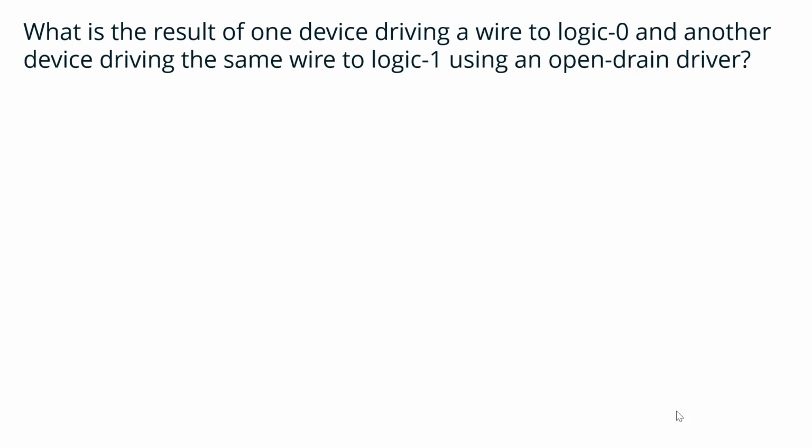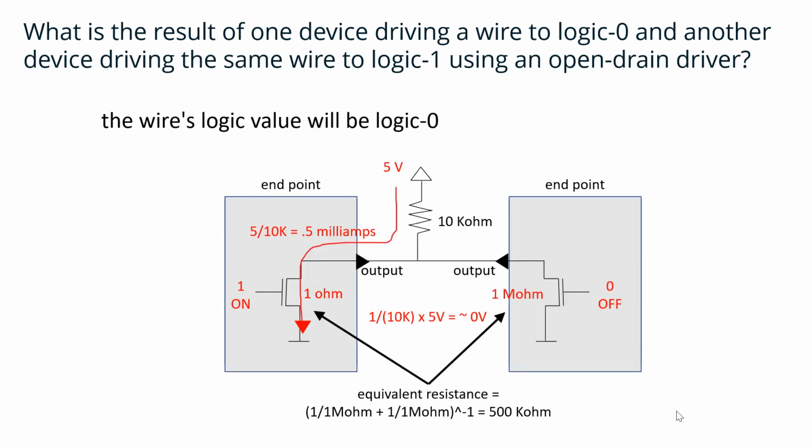What is the result of one device driving a wire to logic 0, another device driving the same wire to logic 1 using an open drain driver? Okay, this is the one that's a little bit strangely worded because you can't actually drive a signal up to 1 with open drain. You basically just leave it alone and it naturally goes to 1. But if one side is doing that and the other side is pulling down to 0, then it's not a problem. It's just the logic value is 0. Make sense?